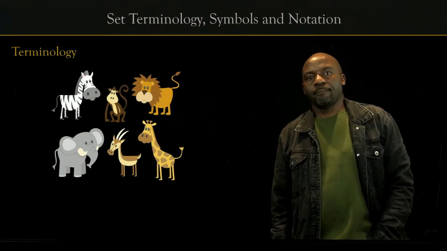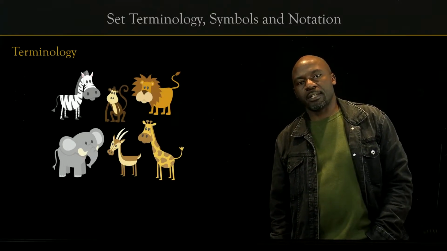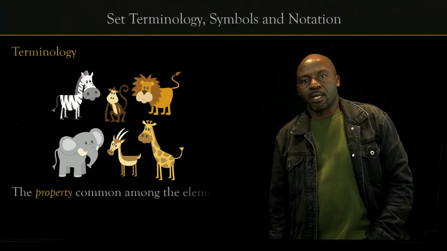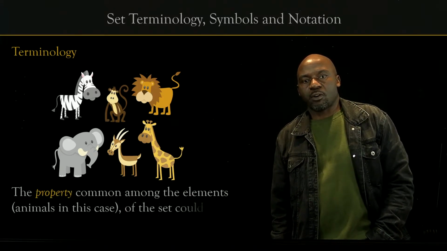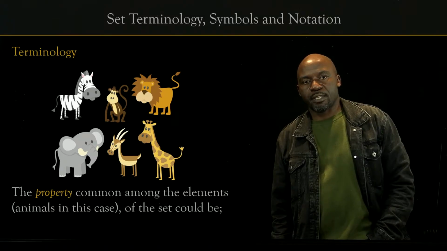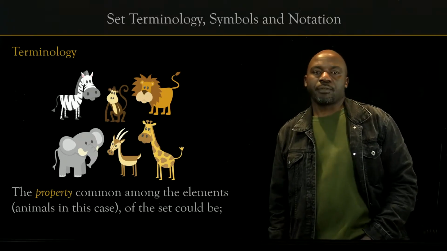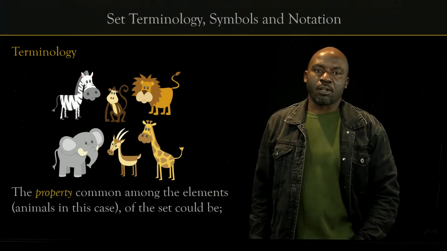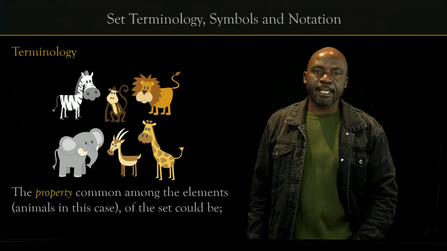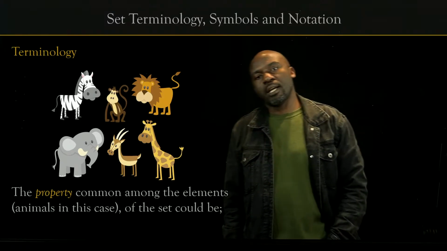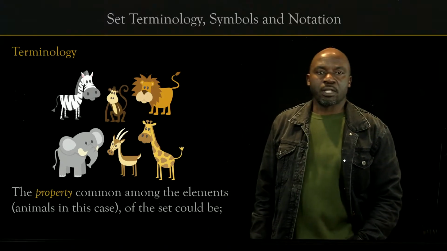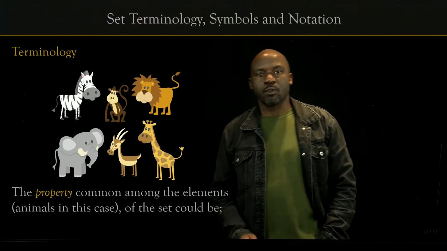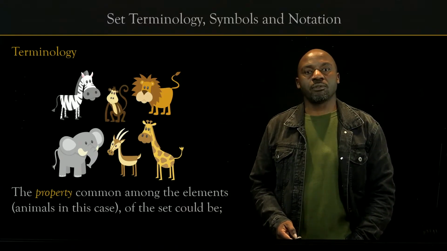Here's an example. Look at these objects as elements of a set, right? The property common among the elements of this set, these are animals. Think of a property that is common to these. You could say they all have a tail. You could say that they all are hairy, or they have an ear, or they are animals, and so on, right? Wild animals, or whatever it is you come up with.